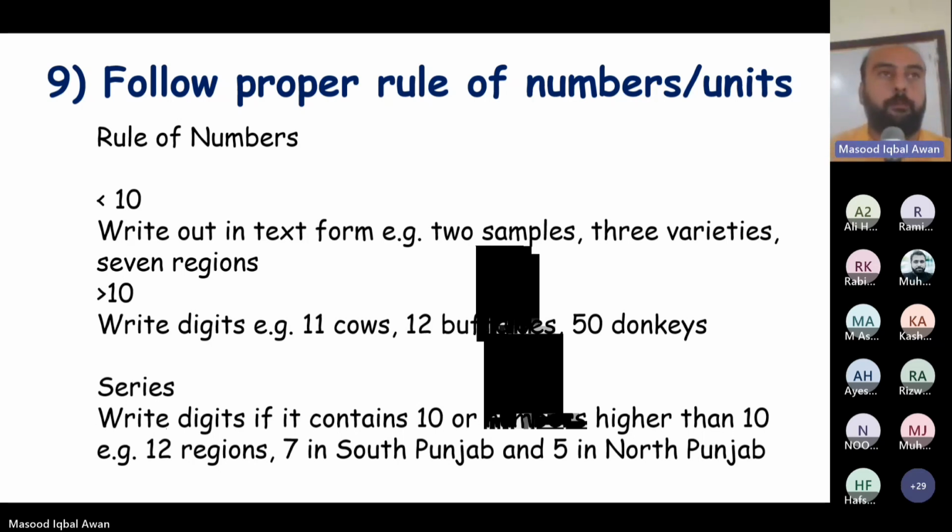If the numbers are more than 10, we can write in digit form, like 11 cows, 12 buffaloes, 50 donkeys, etc. But if there is a series, then we need to write digits. If it contains 10 or numbers higher than 10, then we can write in digit form as well. For example, if I write 12 regions, 7 in South Punjab and 5 in North Punjab, that is okay in this form.